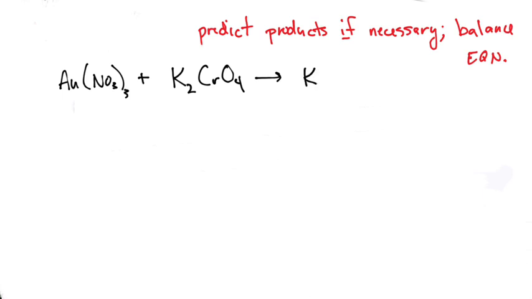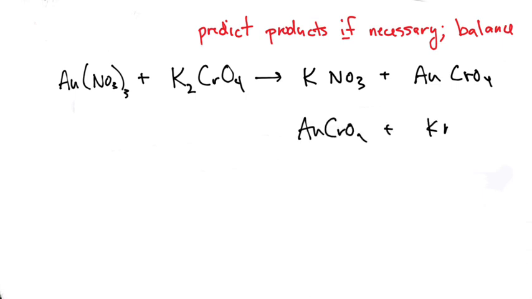So I can write K with my NO3 and gold with my chromate, or I could be writing AuCrO4 plus KNO3. Does that make sense? The order is completely identical, doesn't matter. We good?